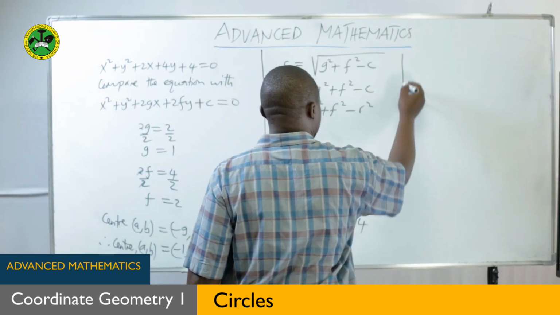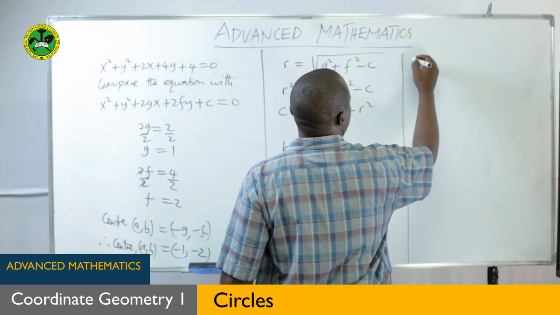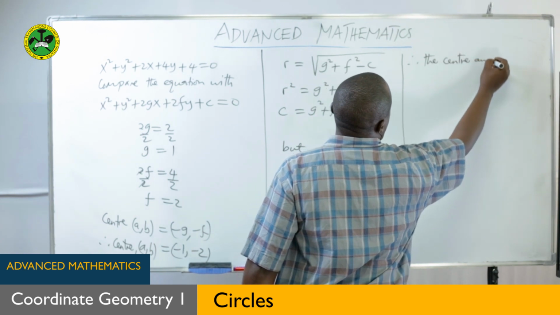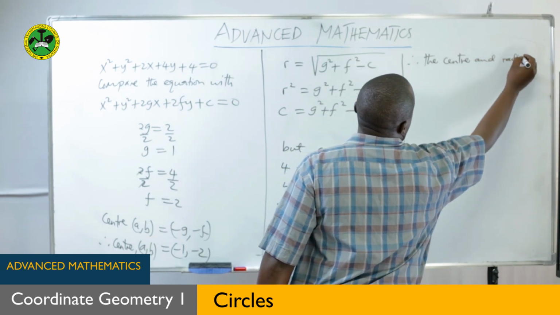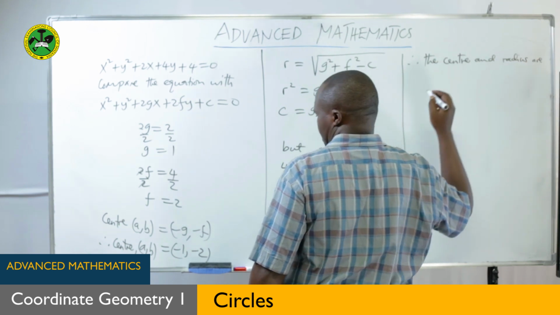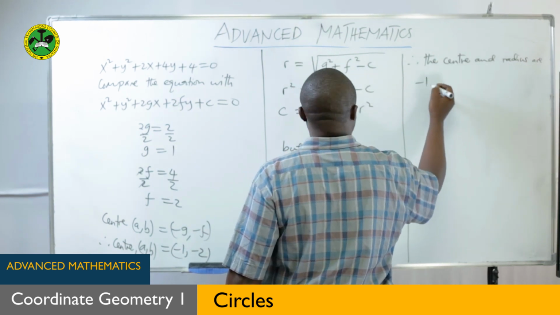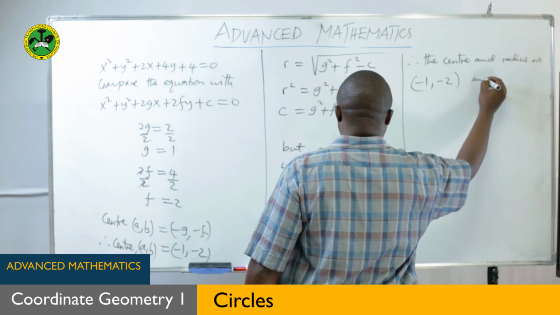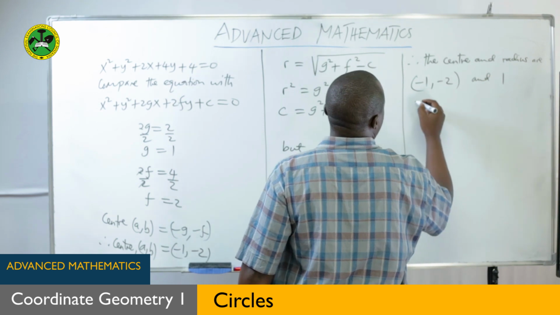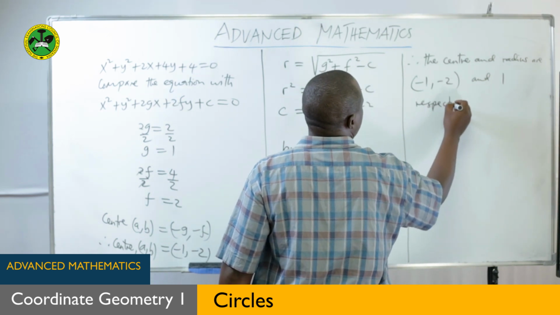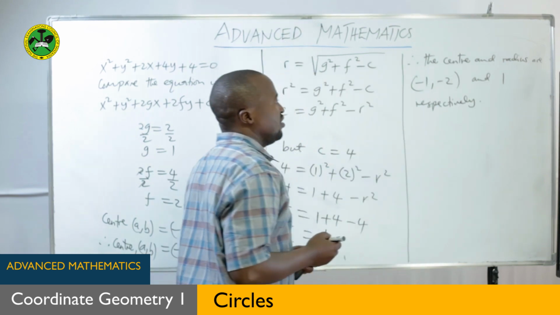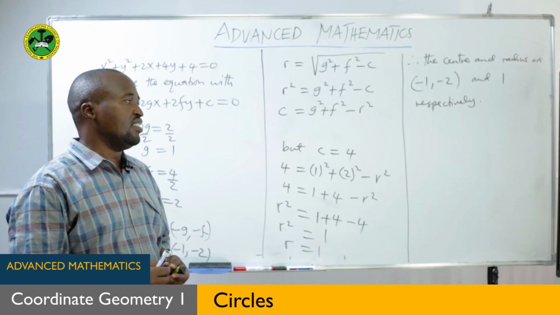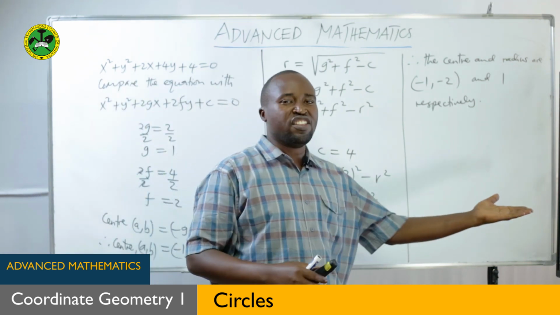Therefore the center and radius are negative 1 comma negative 2 and 1, respectively. So that is the way to find the center and radius for the given equation of the circle.